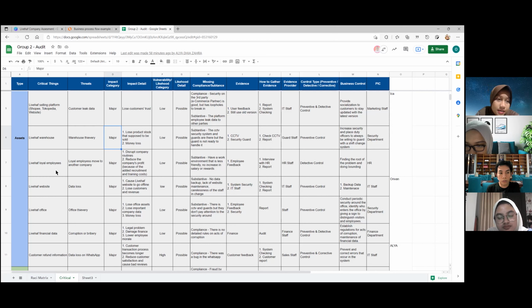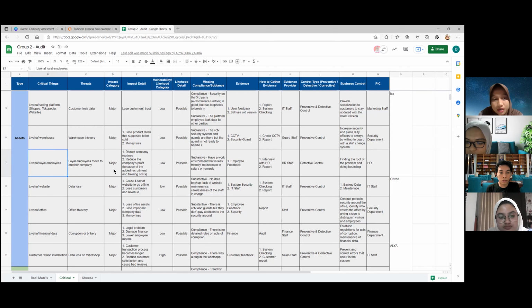The third one is Livehaf loyal employees, because of dissatisfaction among employees while working. The threat is that loyal employees can move to another company.